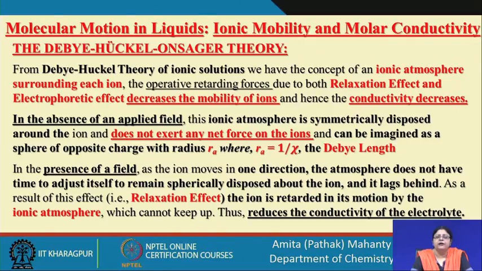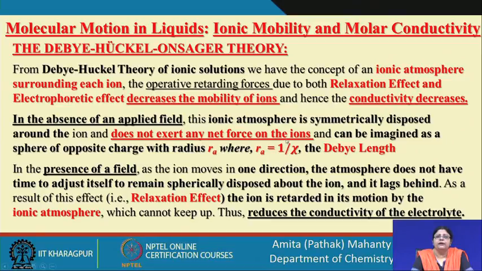We have introduced R A as the ionic atmosphere when the counter ions are symmetrically disposed around the central ion, and there is no net force on the ion, and electroneutrality is maintained.